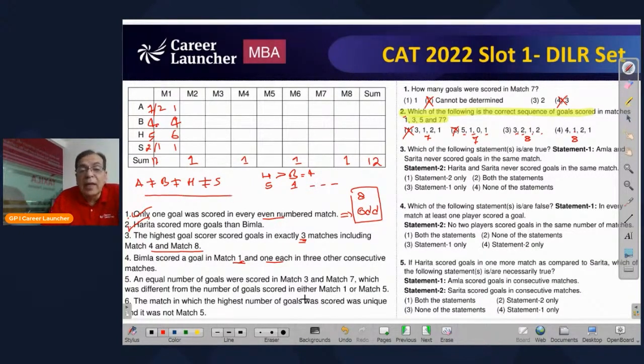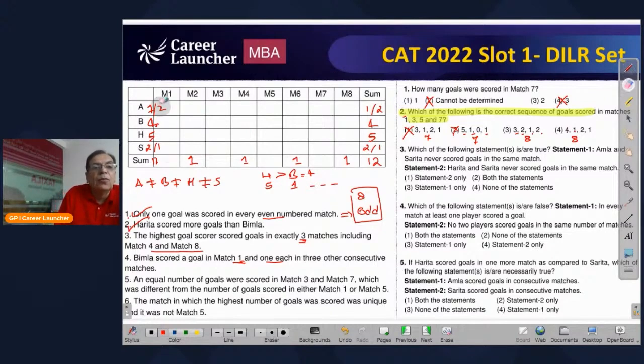So there's only one case possible in this particular question: Bimla has 4 goals, Harita has 5 goals. If Amla is 1, Sarita will be 2. If Sarita is 2, Amla will be 1. So this is what we have found so far.